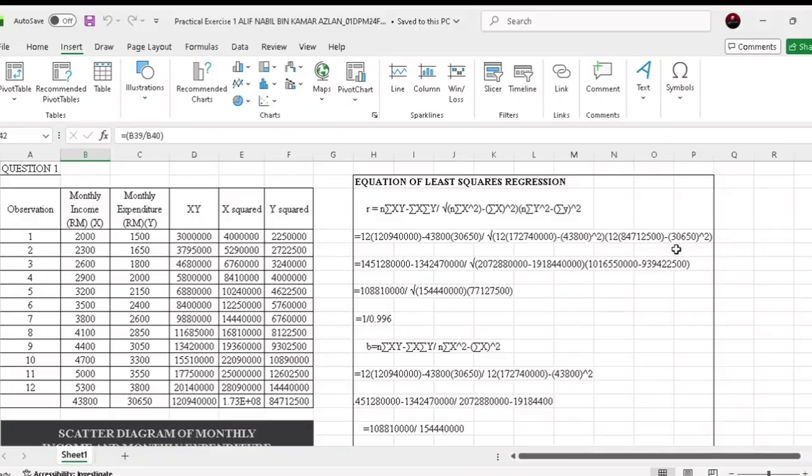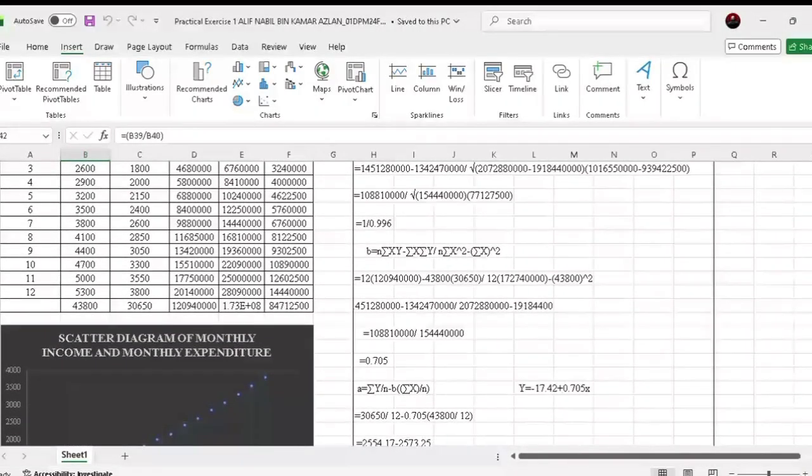The value of r is 0.996. Now we will find the value of b, and its formula is n sum xy minus sum x times sum y, divided by n sum x square minus in bracket sum x square 2. We also put the values inside the formula, and we get the value of b, which is 0.705.